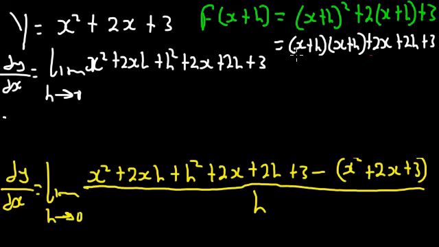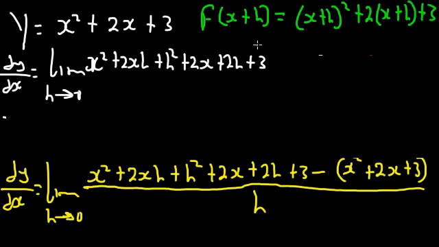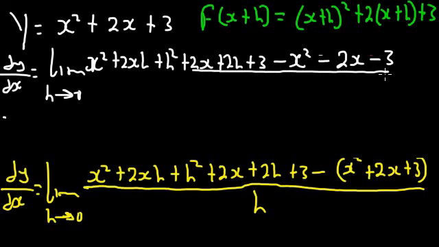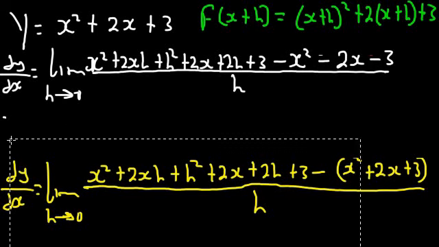Then let me get rid of this one as well. Then let's expand the brackets one after the other, so we are distributing the negative respectively. Okay, so therefore we have negative x squared, negative 2x and negative 3. You know, it's changed everything to negative. Then everything entirely divided by h.